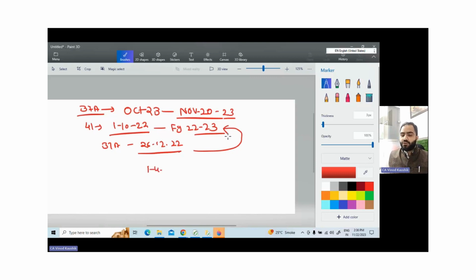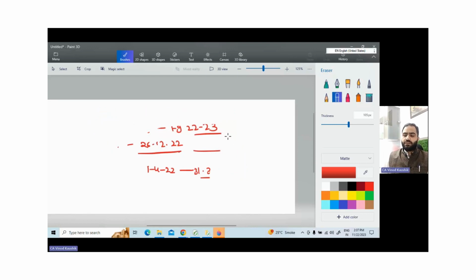You are trying to implement these provisions from 1/4/2022 to 31st of March 2023, wherein the provisions came very late. Now, I'm telling you the last ambiguity in the provisions.